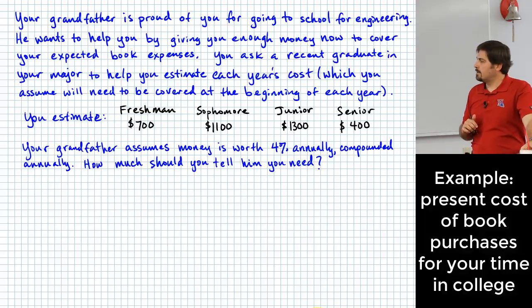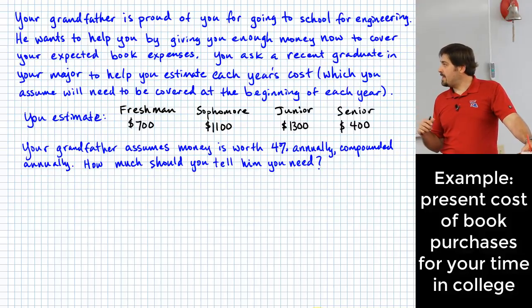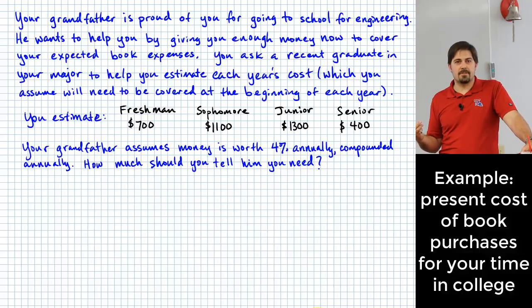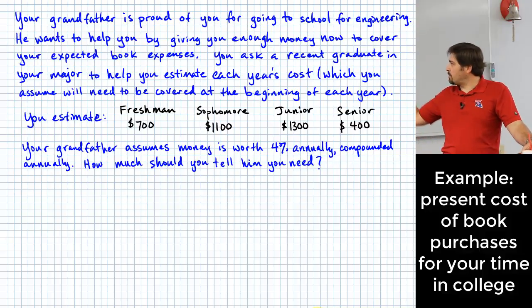Now your grandfather, or my grandfather, being the exacting sort that he is, he doesn't want to just give me the sum of all that money. Why not? He trusts me. It's not because I'm going to go blow it. He says, well, if I give it all to you right now, you're not going to need to buy those books for your senior year for 3 more years.